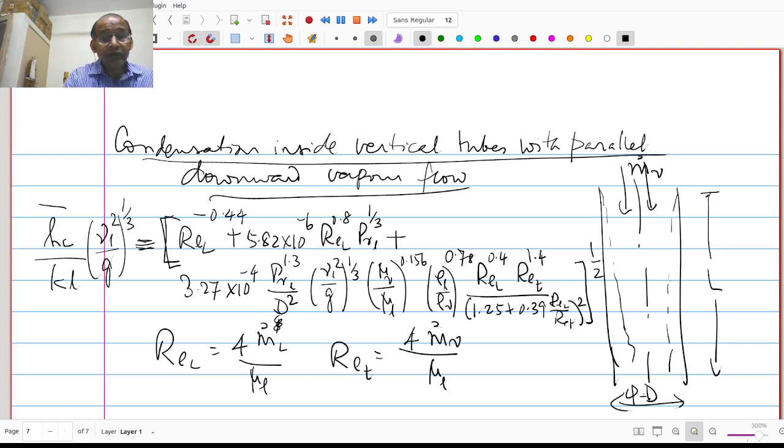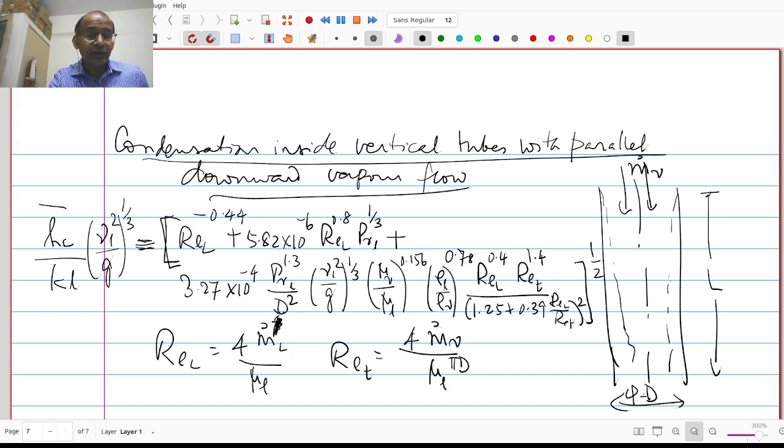And this is m dot V by pi d. This is basically the per unit length calculation. So m dot V by pi d, this m dot L prime also stays as m dot L prime, which is m dot L by pi d.